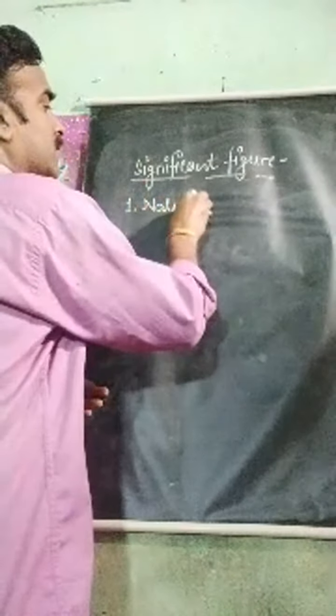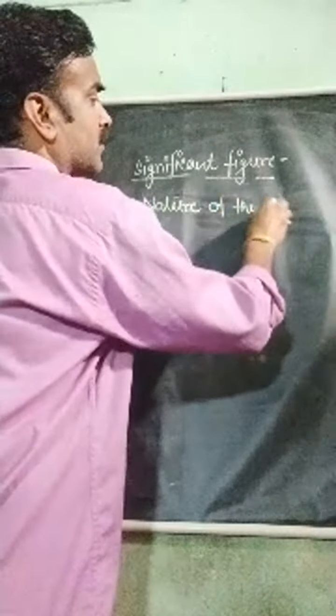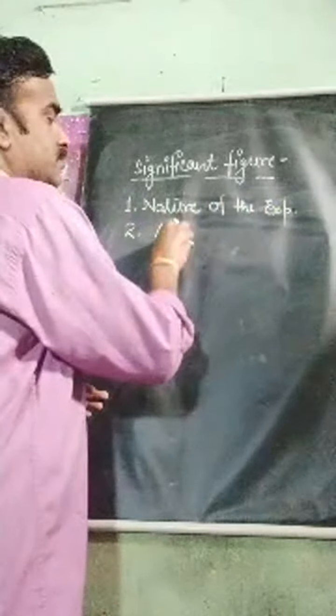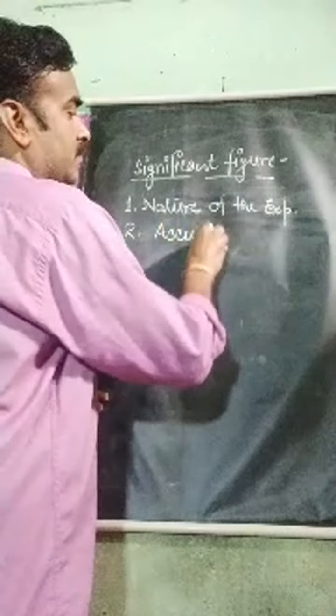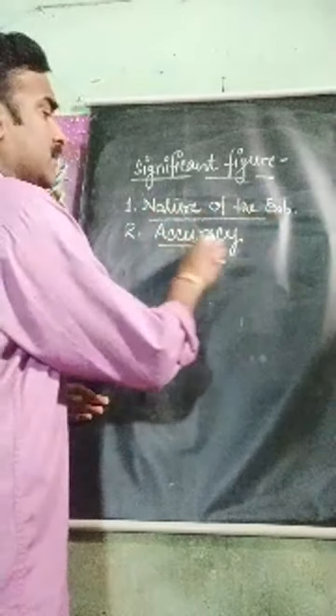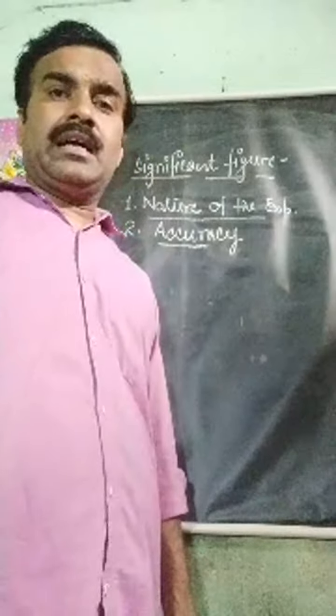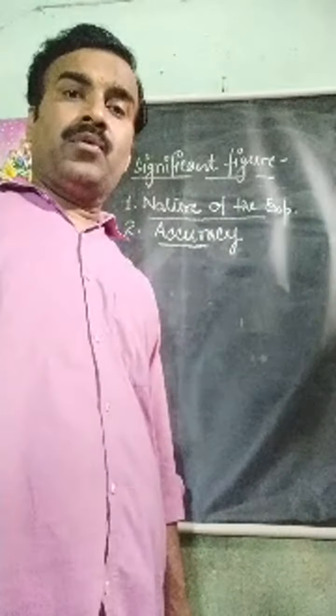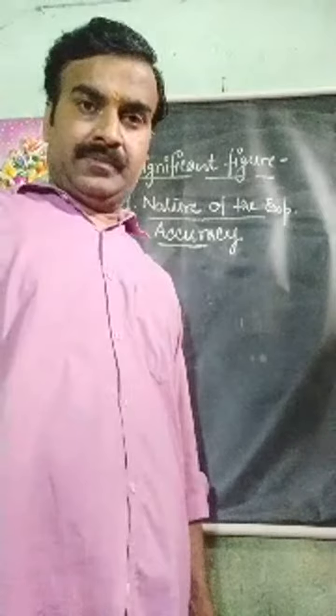First one, the nature of the experiment, and the second thing, the accuracy. That means the readings that you are going to take, up to what accurate manner you are going to take them.